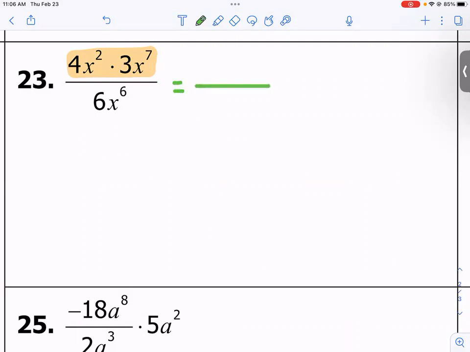Ryan, what would we get if we multiply that numerator? 12x to the... good. Since we're multiplying, he added 2 and 7. And so our denominator is 6x to the 6.